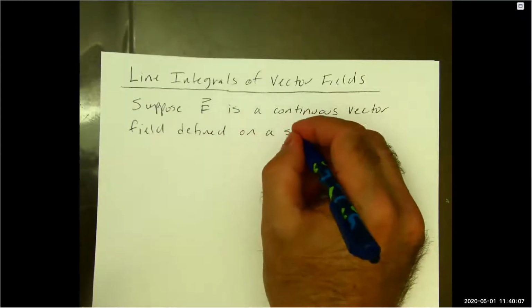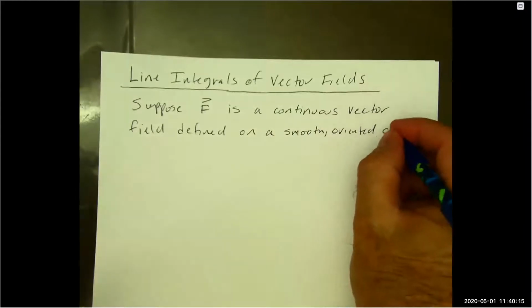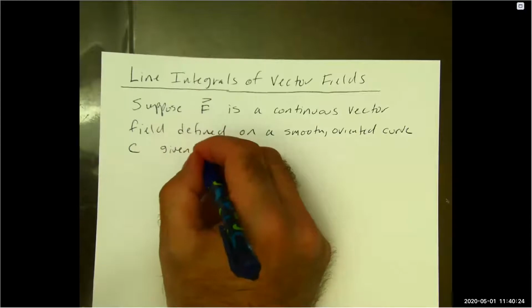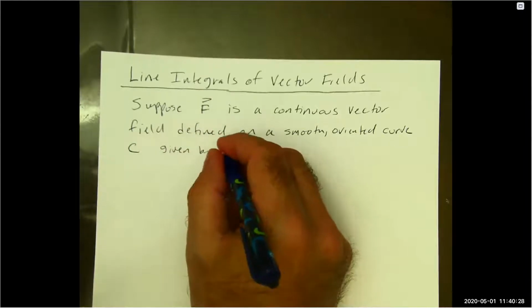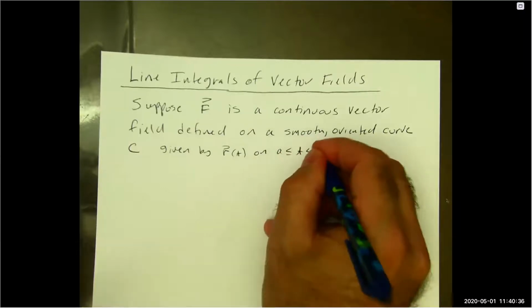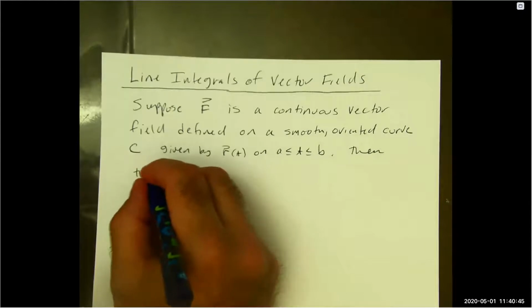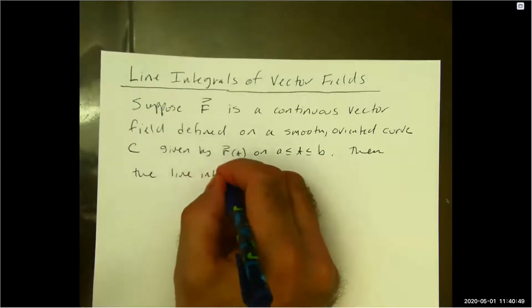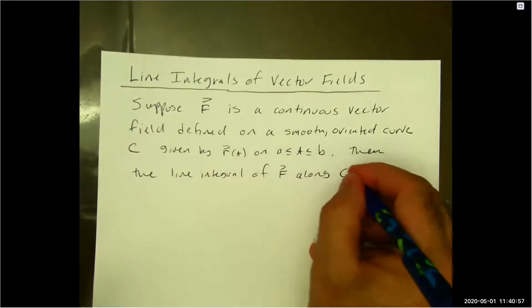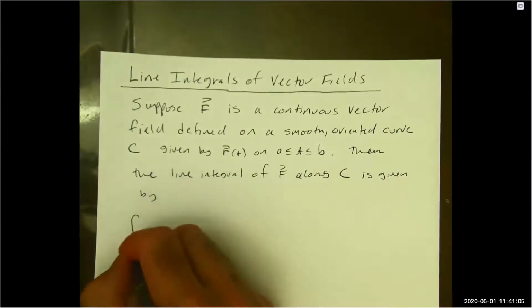Define a smooth oriented curve C given by r of t, then the line integral of F along C is given by this one.